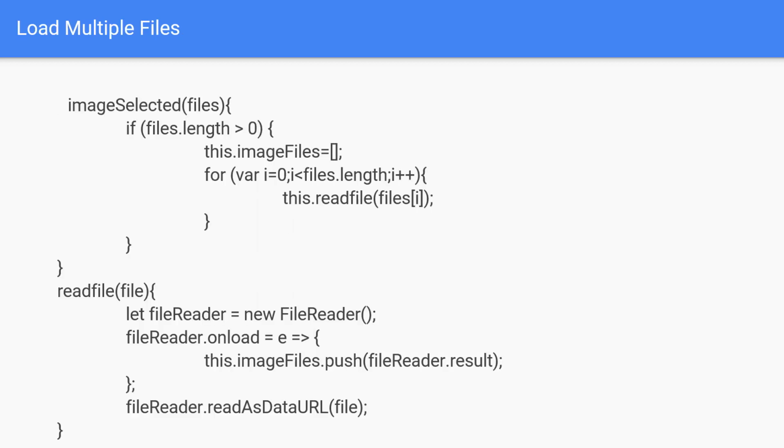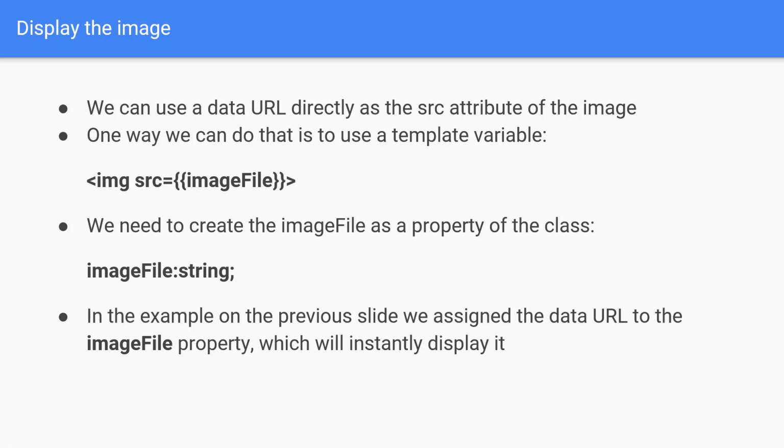Here we have enhanced the previous function to allow for reading of multiple files. The selected files are looped over and the base 64 data is added to an array of image data. We can use a data URL directly as the source attribute of the image.